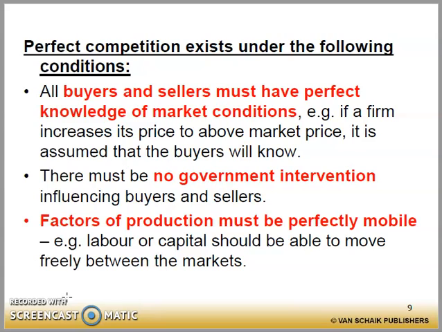The last requirement is that all the factors of production must be perfectly mobile. This suggests that labor, capital, and the other factors of production must be able to move freely from one market to the other. As you can see, these conditions are clearly very restrictive, and it is hardly surprising that no market meets all these requirements for perfect competition in reality.